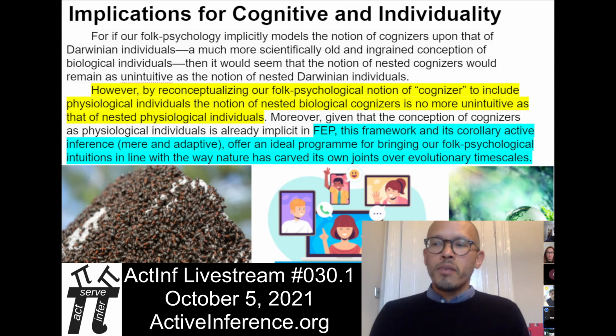A bacterium might climb a gradient of glucose, for example, but it might not have any experience of that gradient. Still, we might say it's positively valenced. It's something it's attracted to.